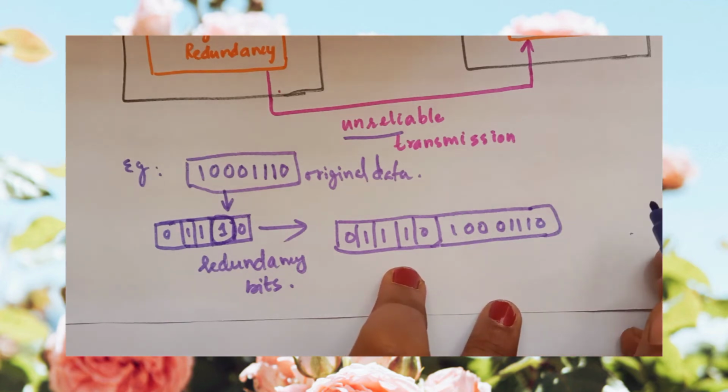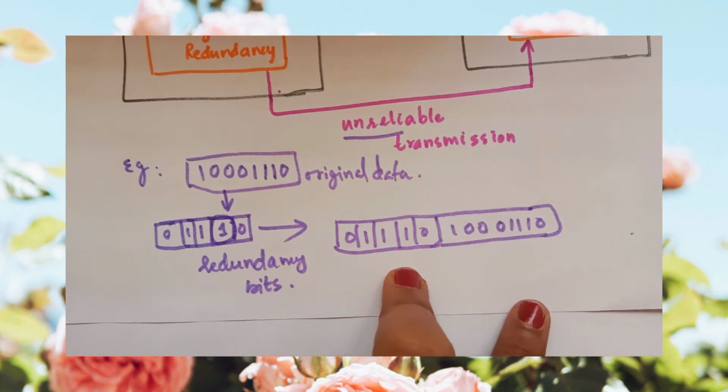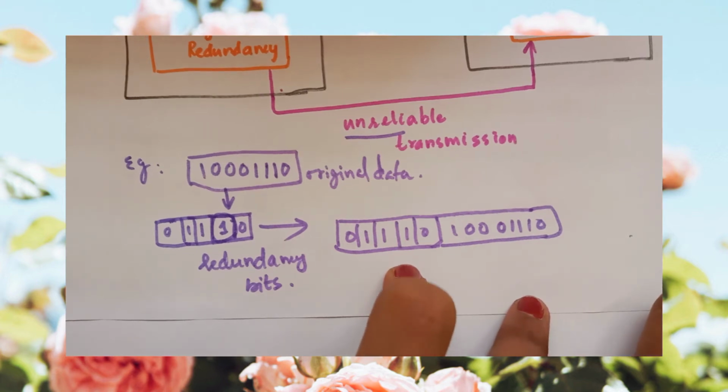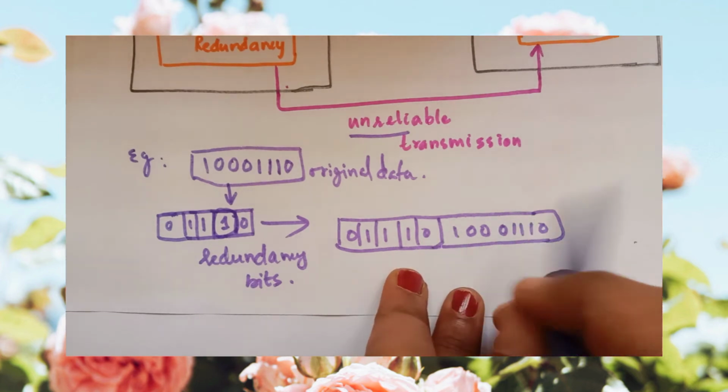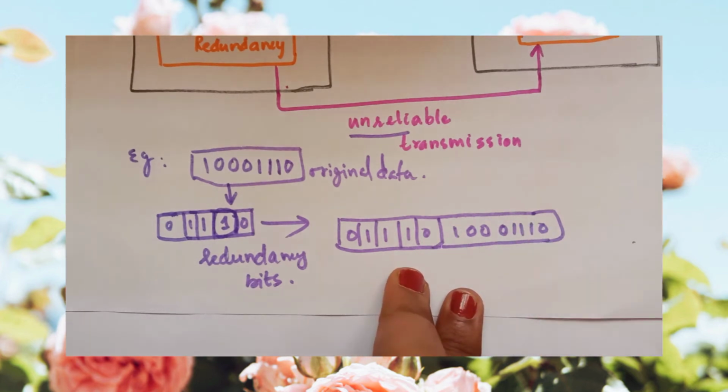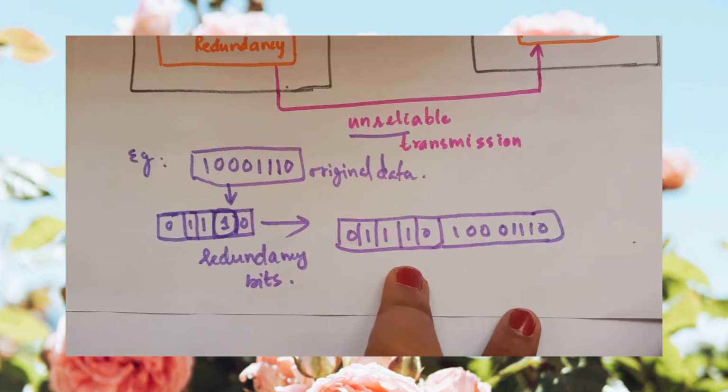If they are the same, the receiver understands that this message is the original message and there is no error. If there is any change in the redundancy bit, then the receiver can understand that the message has some error, but he cannot find where the error is, which part contains the error. This is the disadvantage of detection.